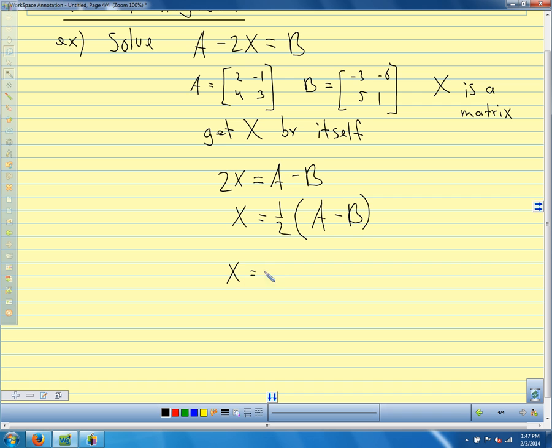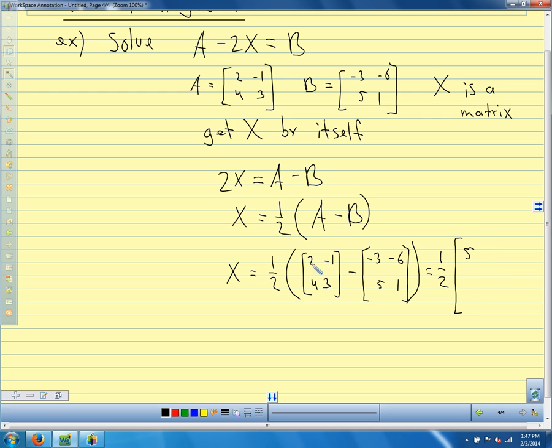So X, our matrix X, is going to be 1/2 of (2, -1, 4, 3) minus (-3, -6, 5, 1). So that's going to be 1/2, and make sure I do my arithmetic right here. 2 minus -3, I get a 5. 2 minus -6, I get an 8.